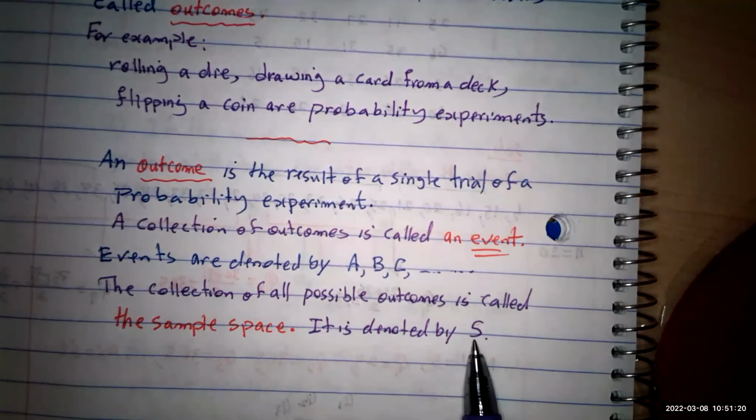The result of each trial, each time, gives you an outcome. So let's get the sample space of some famous examples that we may have to deal with.